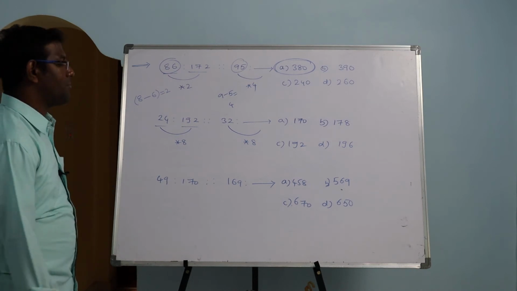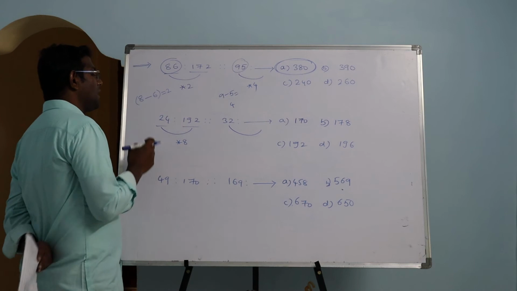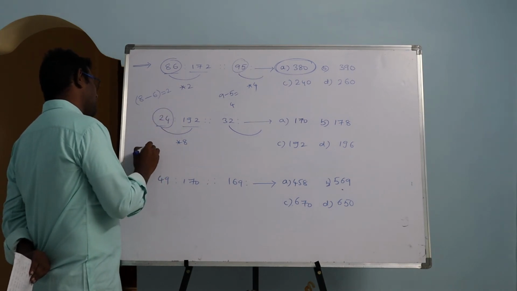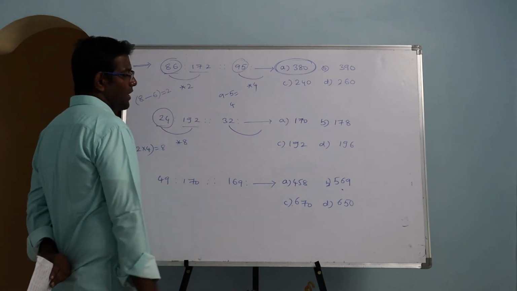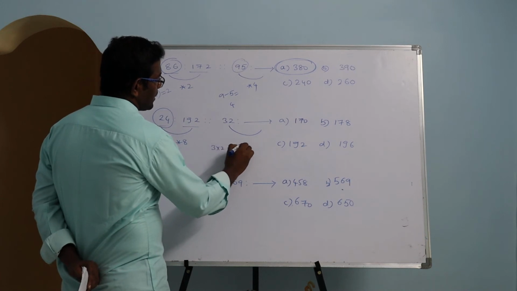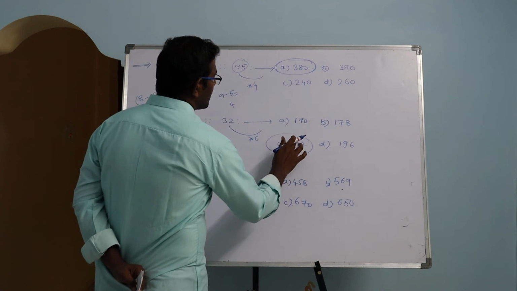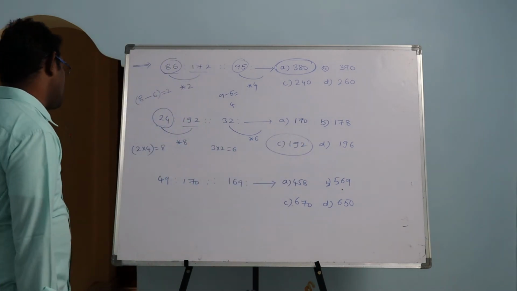Is it there in the options? Nothing there in the options. Why? Because it is multiplied with 2 into 4, you can split 24. 2 into 4 means 8. That's why multiplied with 8. 3 2s are 6, 2 into 3 is 6. So 32, 6 are how much, sir? Our answer goes to 192.